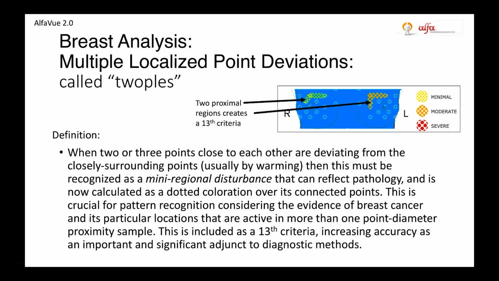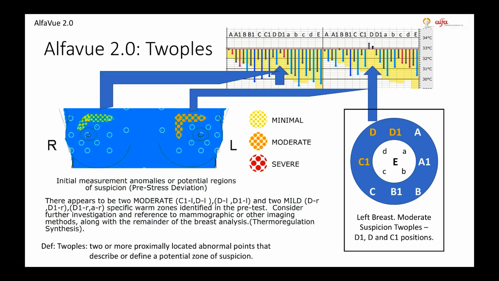They're for some reason not cooling, and when they're grouped together, they're much more significant than if it's just a one-off. And then we see how severe is that differential of that behavior, and we classify it according to color, and the dark red is severe, and in this case on the left breast is moderate, and on the right breast is yellow, is minimal.